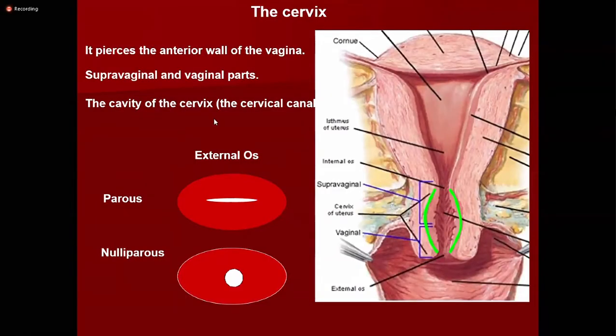So the cervix is the last part of the uterus. It invaginates the anterior wall of the vagina, so it has an intravaginal part and a supravaginal part. It has two openings, the internal os and the external os that you can see by examination. Okay.